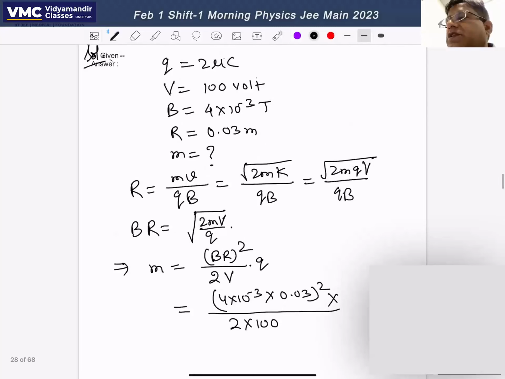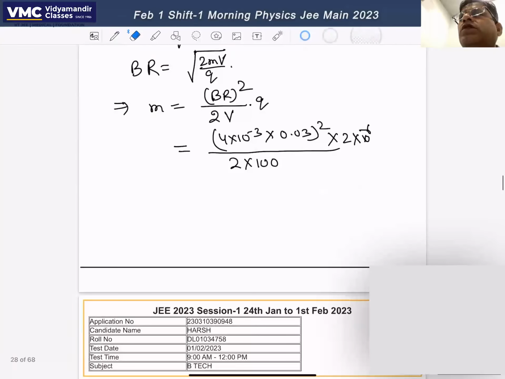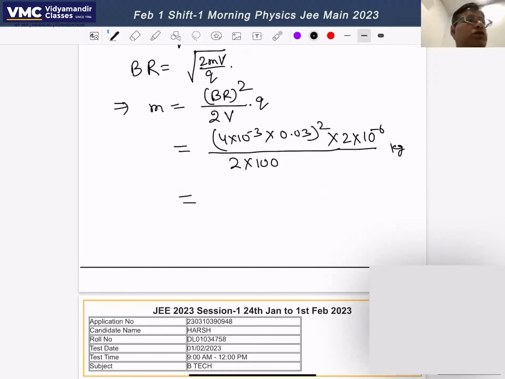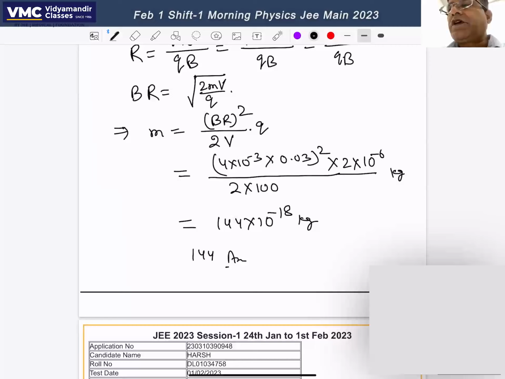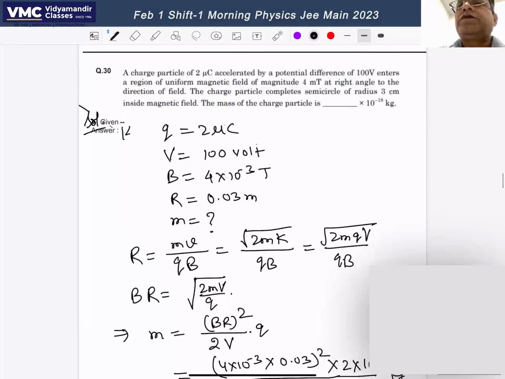So this charge is 2 micro, that means 10 power minus 6. So this will be in kg. So this mass value comes out 144 into 10 power minus 18 kg. So the unknown number is 144. The answer is 144. So we have to fill 144 as the option.